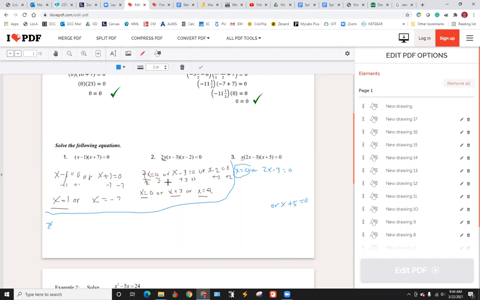A 2x minus 3. Well, I got enough room to do it here.